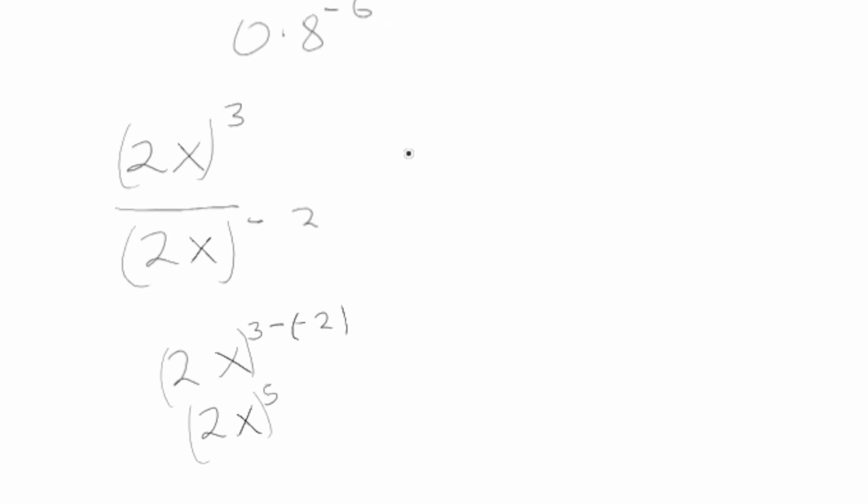Or if I want to, I can change it to positive exponent before solving it. 2x exponent 3 over 2x exponent negative 2. The negative exponent becomes a positive exponent when you reverse it.